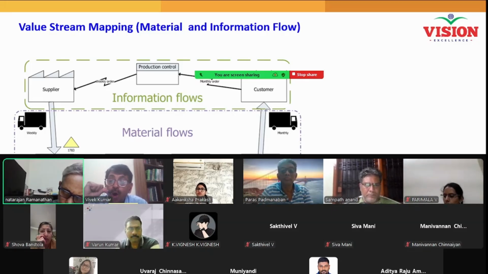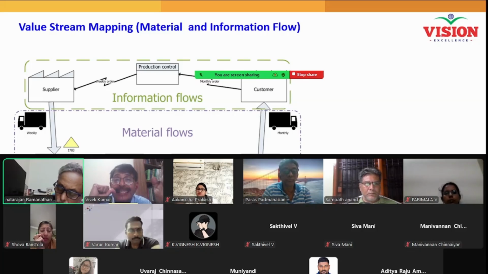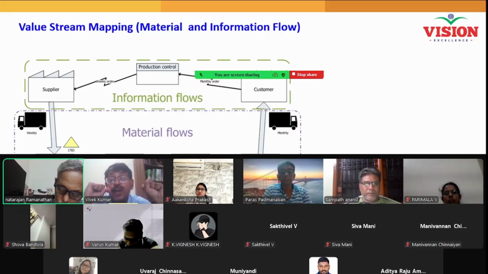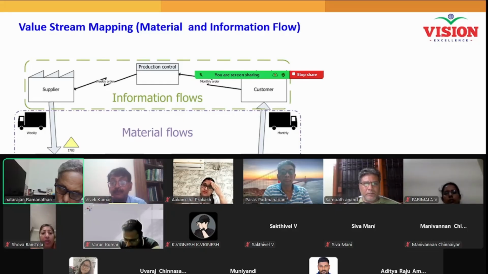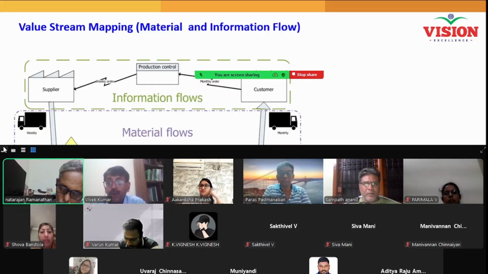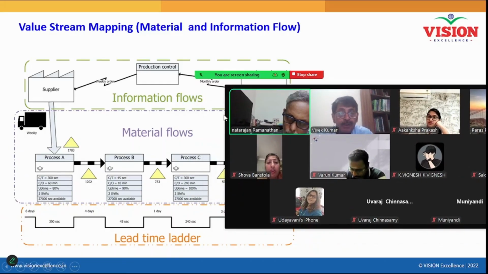So, from now onwards, whenever somebody says value stream mapping, you also hear that it is also known as material and information flow. That will remind you that it is not only talking of the material, but also the flow of information. Can you see that?